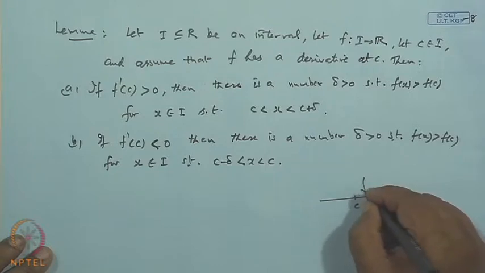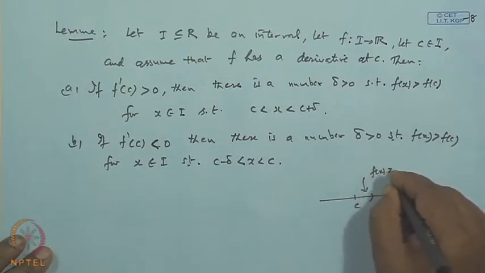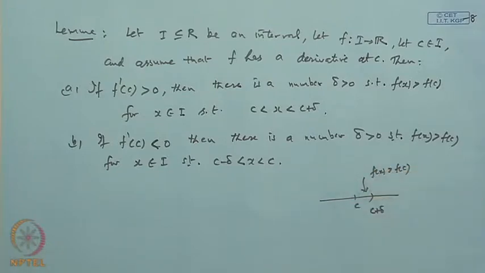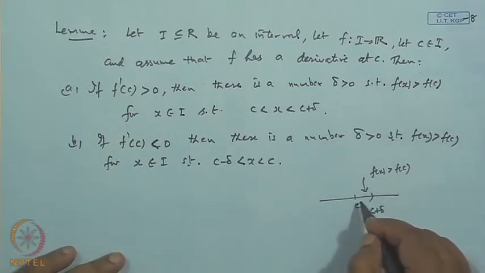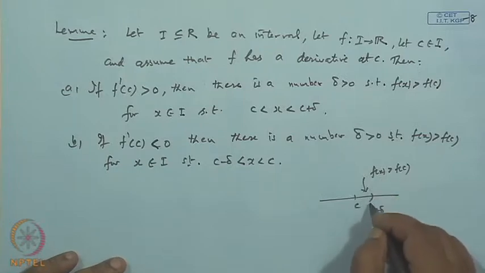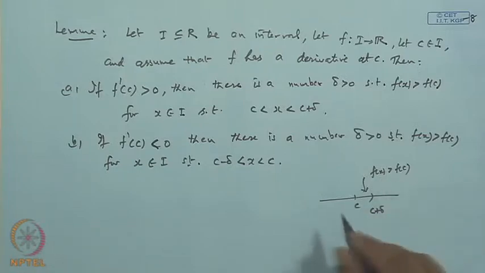So, in this interval, the function f(x) will always exceed the value at the point c. It means that f(c) will behave as the lowest point in this interval if the derivative is positive.